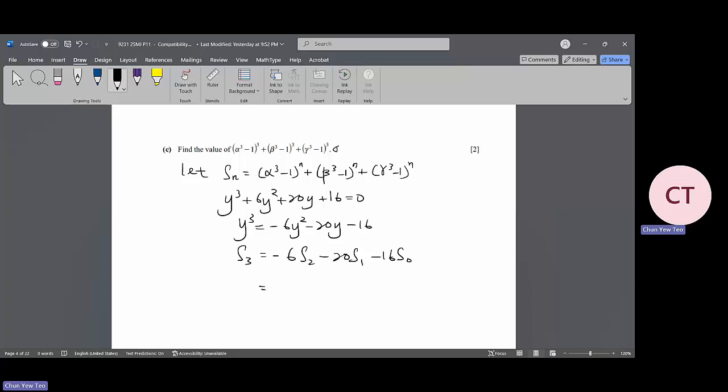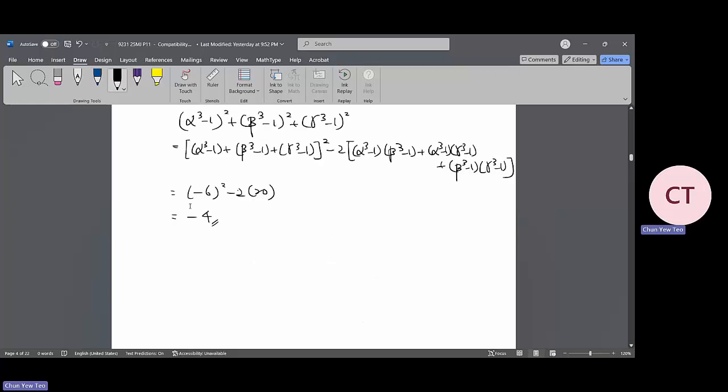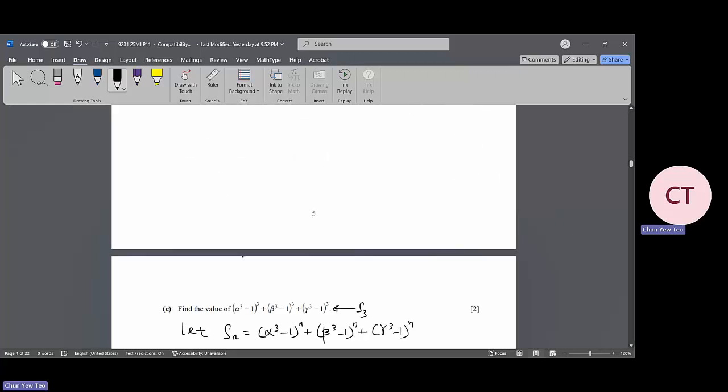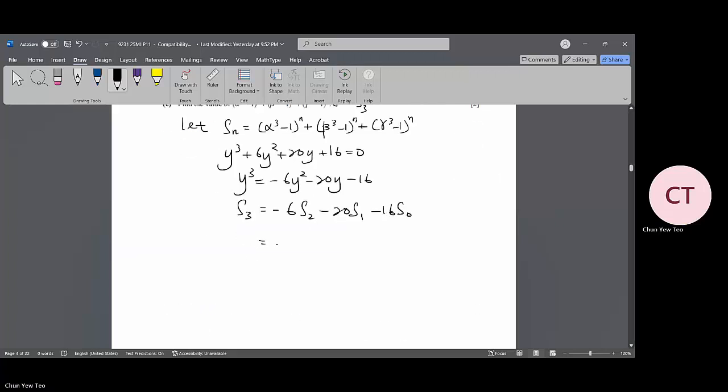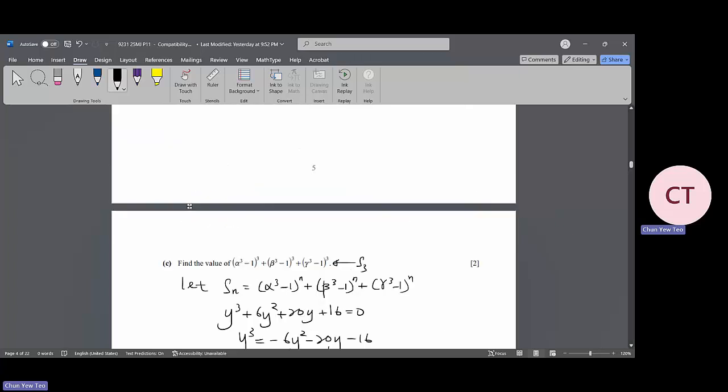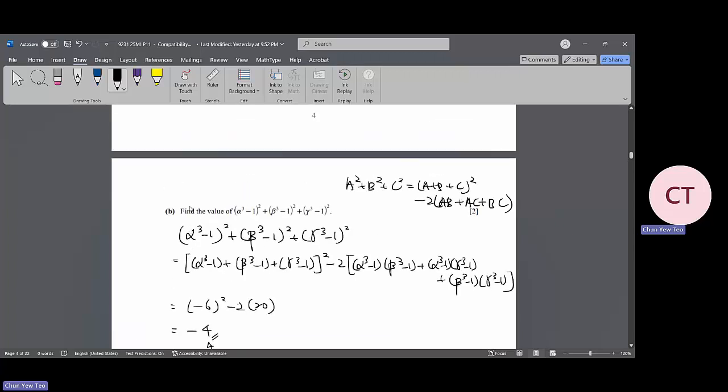This is S3. And the value just now over here actually was S2. So S2 is negative 4. And what about S1? What about S0? S0 is actually 3. Okay, so S1 will be from here.